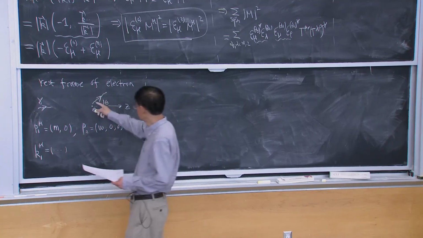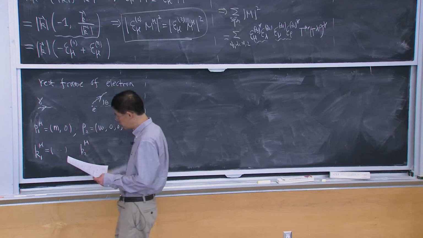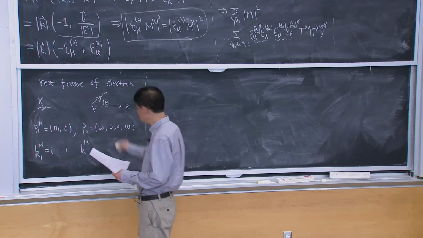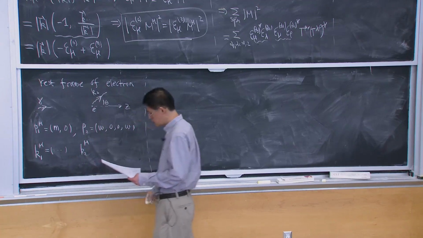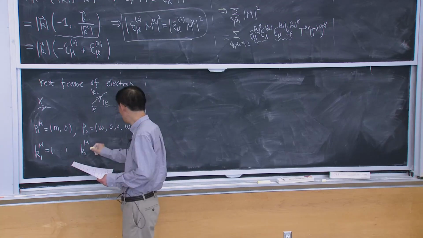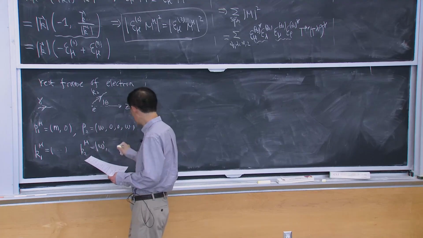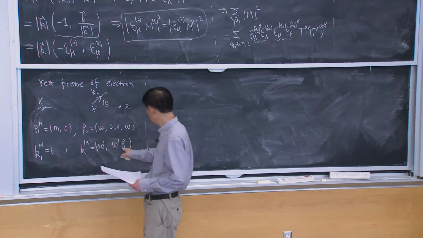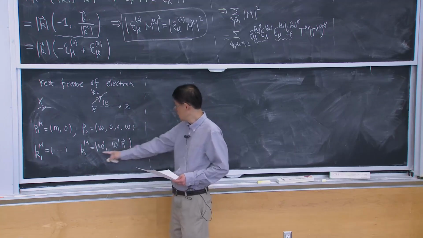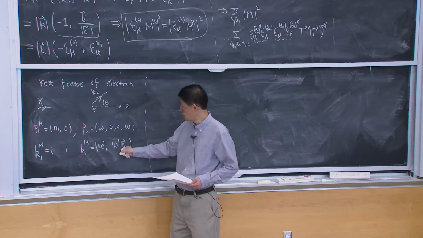Then for the photon, the final photon momentum, let's call it K2. We can parameterize K2 by omega prime, and then going into the spatial direction, the unit vector in the spatial direction for K2, let's call it n.